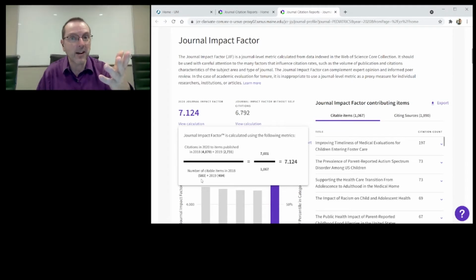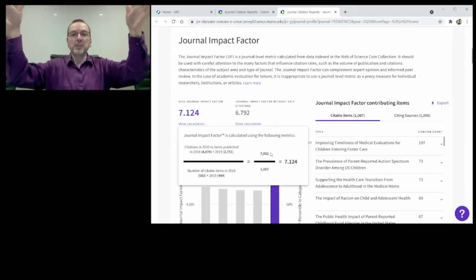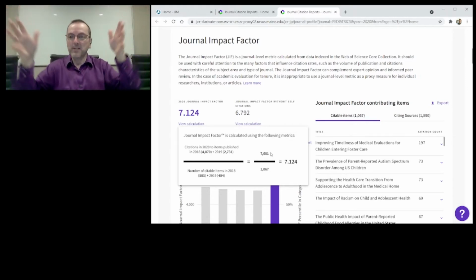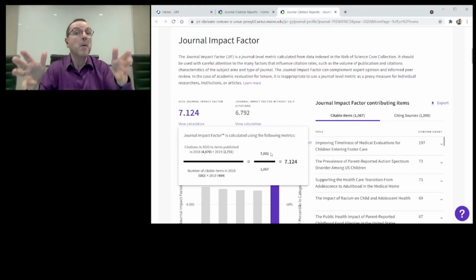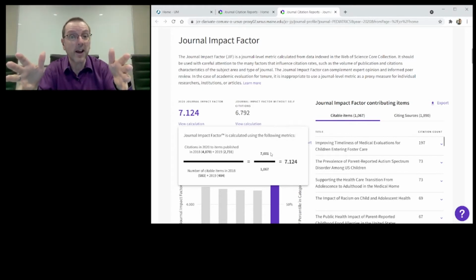There were 583, and there were 484 citable items published in Pediatrics in 2019, which gives us a total of 1,067. You just divide the total number of citations, 7,601, by 1,067 possible articles that could be cited, and it gives you 7.124.